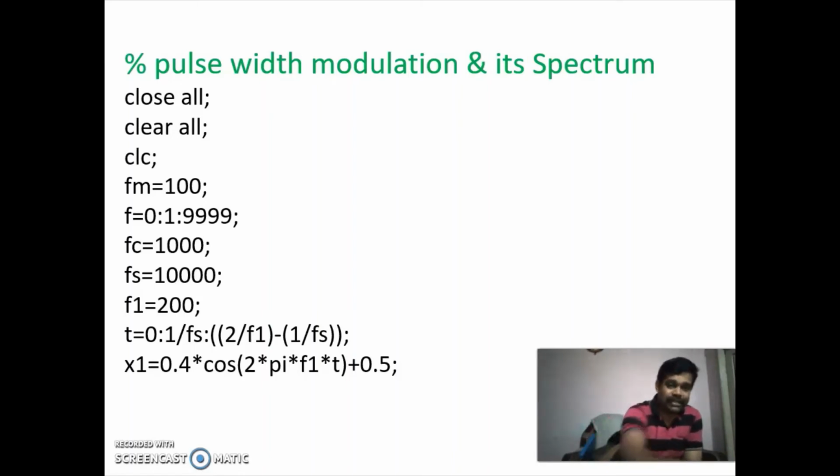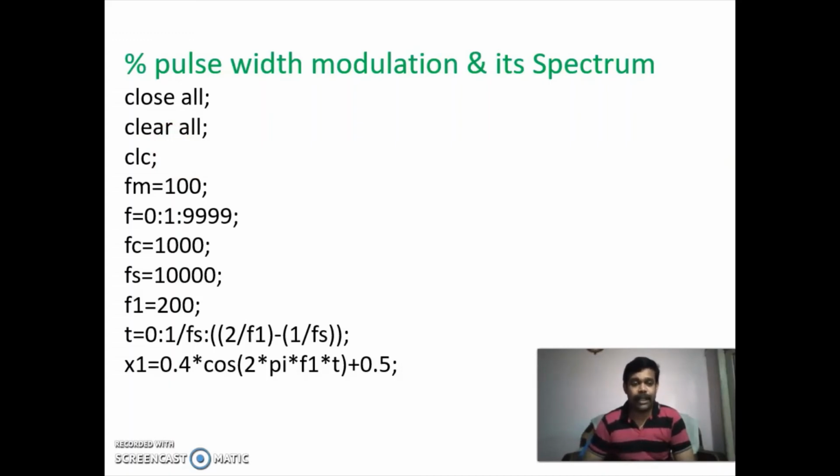The first step is close all, which will close all the figure windows, and clear all will clear all the variables in the workspace. CLC will clear everything in the command window.